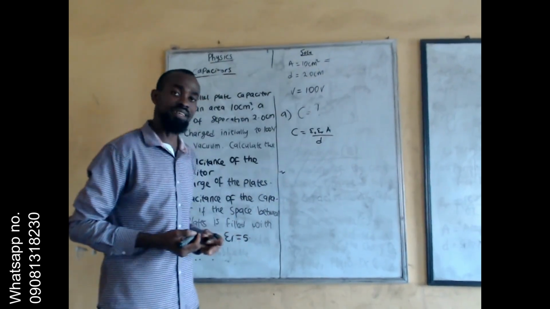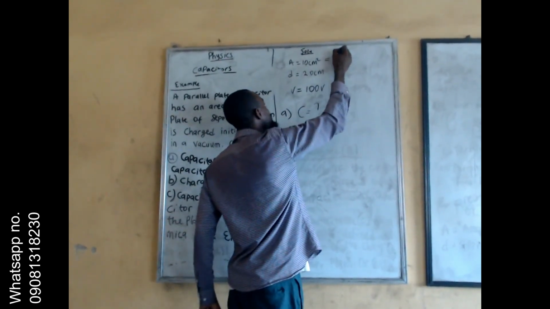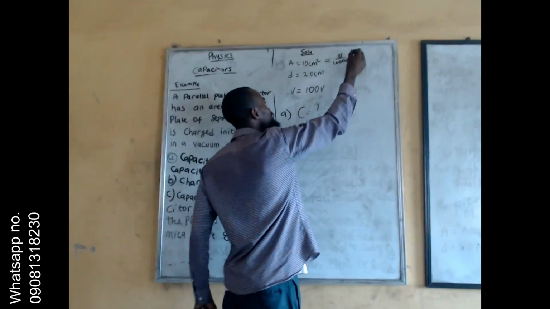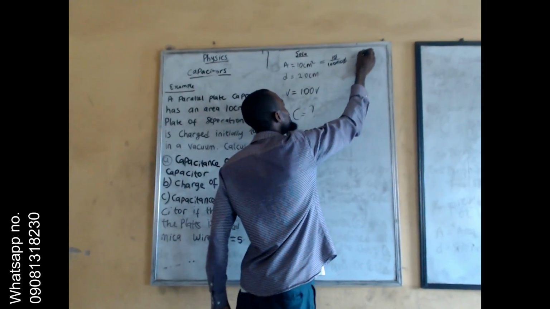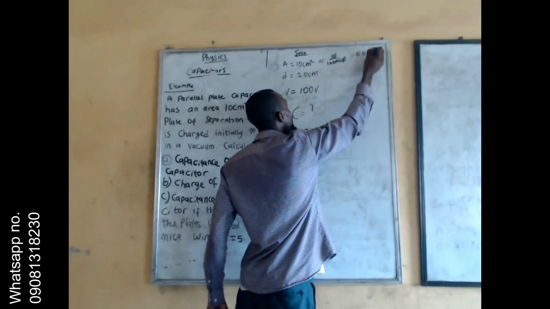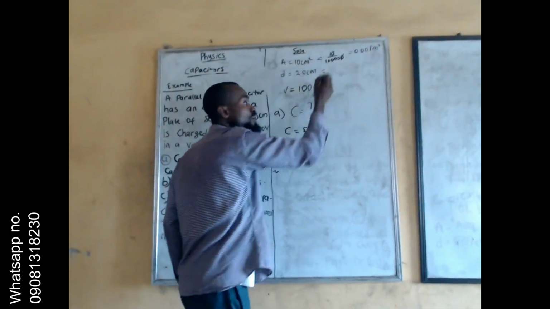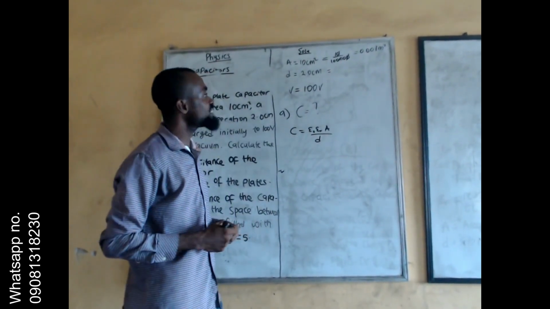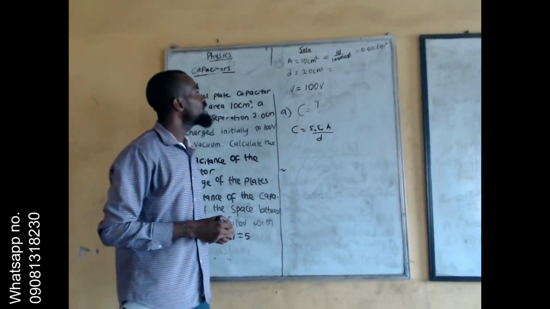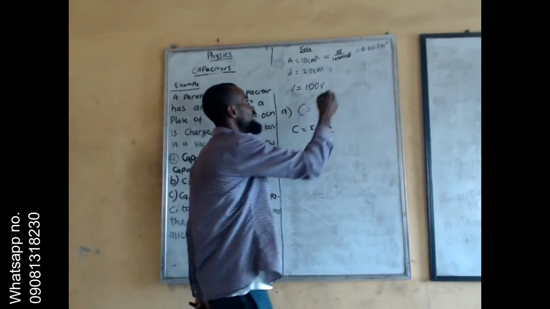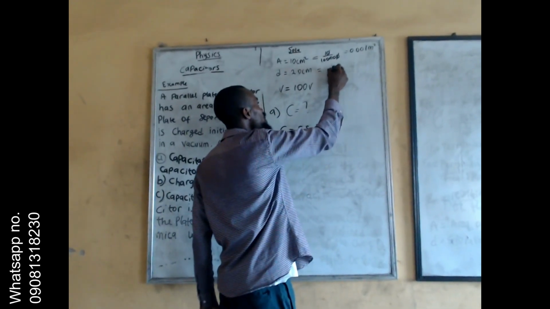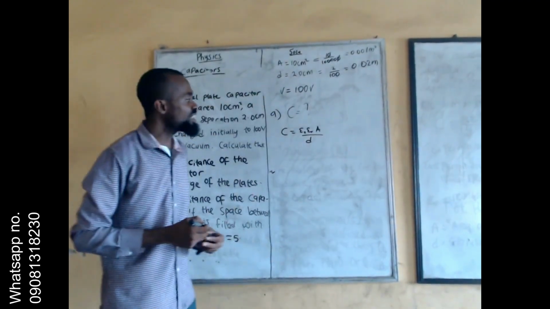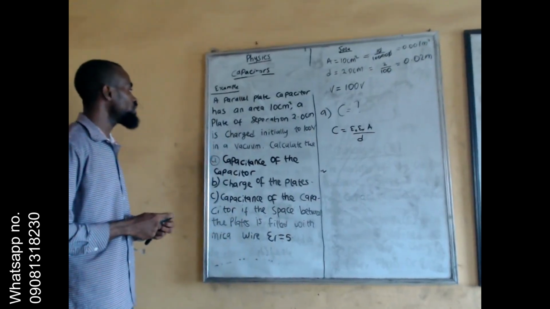But because this is centimeter square, you divide twice by 100. 10 divided by 100 times 100 gives 0.001 meter square. The distance is also in centimeters, so we divide 2 by 100, which gives 0.02 meter. With this, we are good to go.